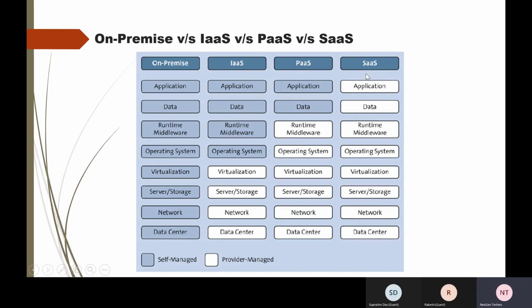As a customer, you are only responsible for accessing the applications. Even the data is managed by the service providers, because the data is on their servers and they are responsible for managing everything. The white part is what the provider manages, and we access the software.